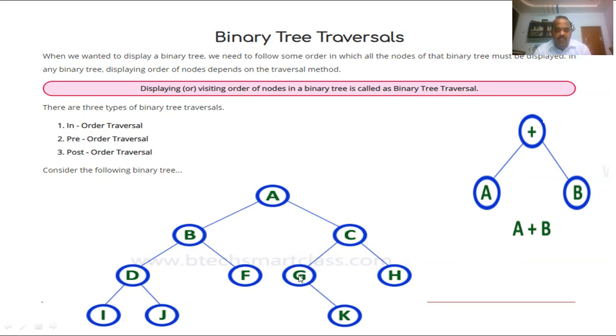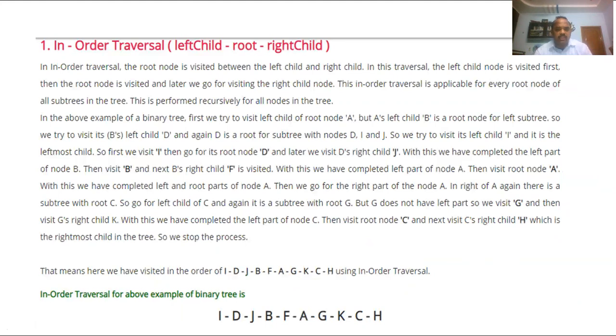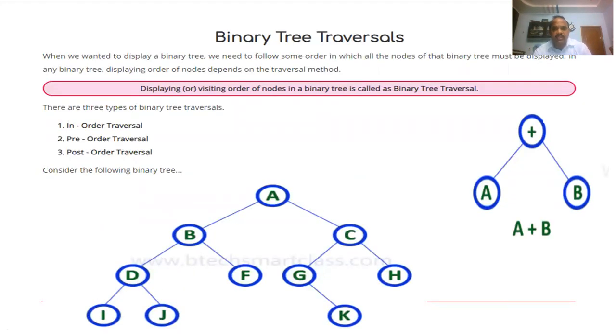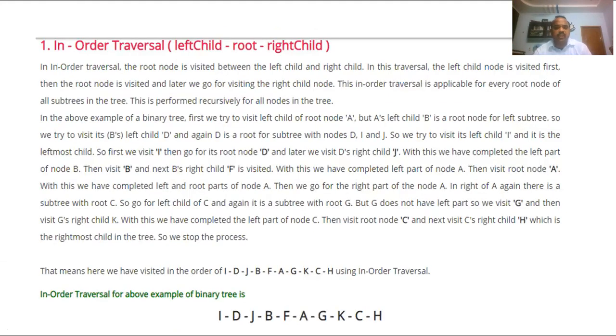Next one is K, G, C, H. Here: I, D, J, B, F, A, K, G, C, H. This is the in-order traversal algorithm.